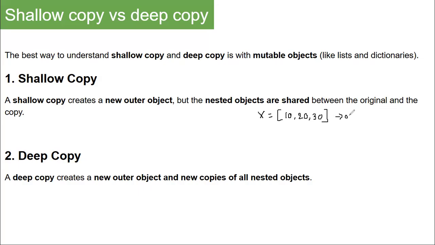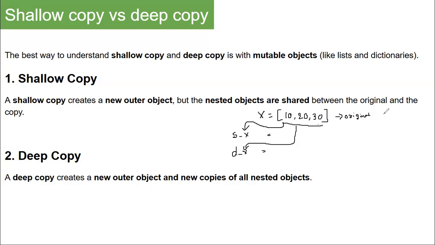After that, I am using shallow copy, shallow_x. Whatever data is stored, the same data will be copied while using shallow copy. The same data is stored, but the address is different. Next, in deep copy also the same result will be stored, but the address is different.